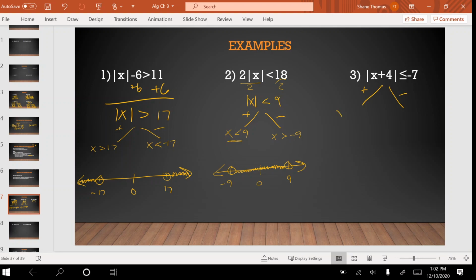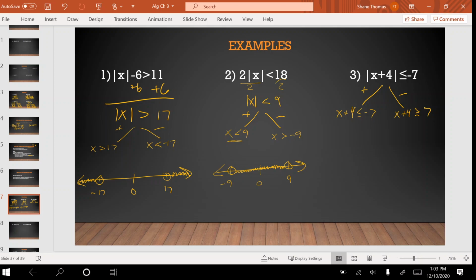Plus, minus. Plus side, write it exactly the same. Negative side, write the left side the same. Flip the sign. Now this is going to be a negative, negative 7. Two negatives make a positive. There we go. Good. All right.